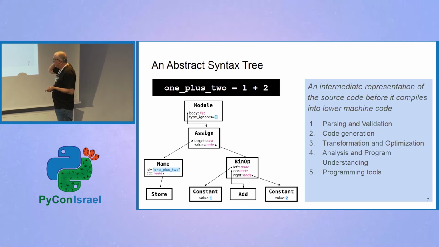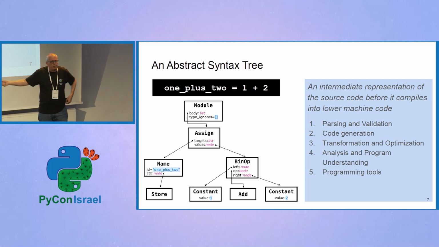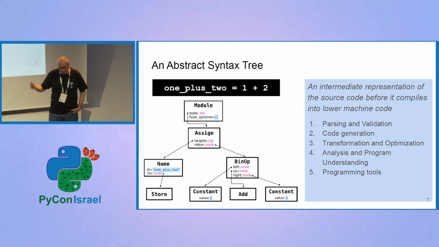Analysis, program understanding and programming tools: almost everything that we are using is based on abstract syntax trees, for example, linters and all static analysis that we do on a program.